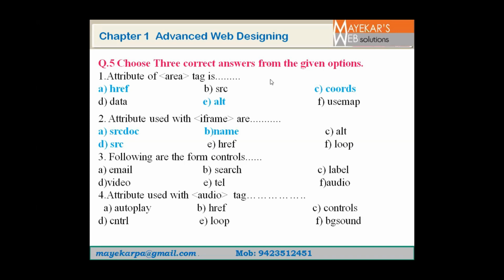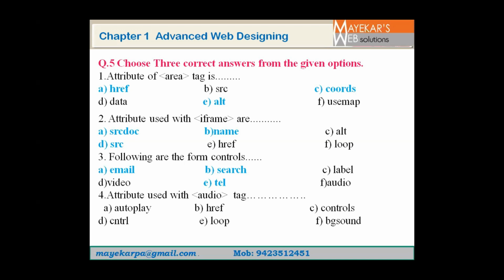If you want to create a text box in which you can enter a telephone number, then use input type equal to tel. It validates the telephone number. So here you got three answers: email, search, and tel.